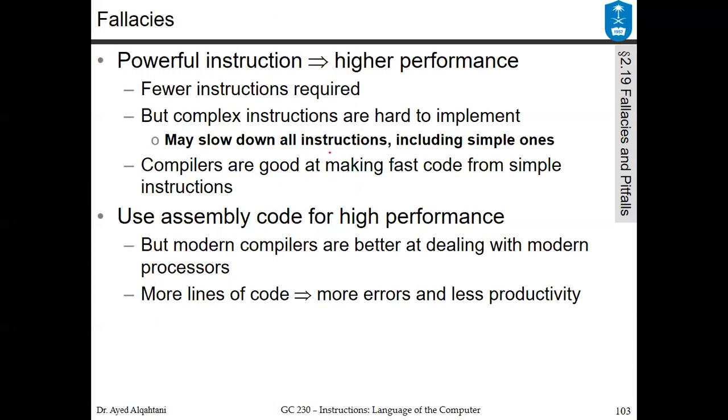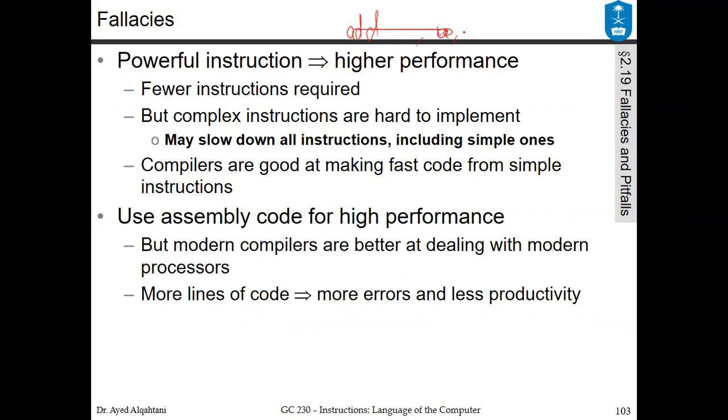At this point, we will move to the fallacies and pitfalls. One of the fallacies: you think that if you have a powerful instruction, an instruction that could do addition and subtraction and probably something else at the same time, or a very long instruction where you can add many variables, let's say 10 variables, and you get the result in a destination.